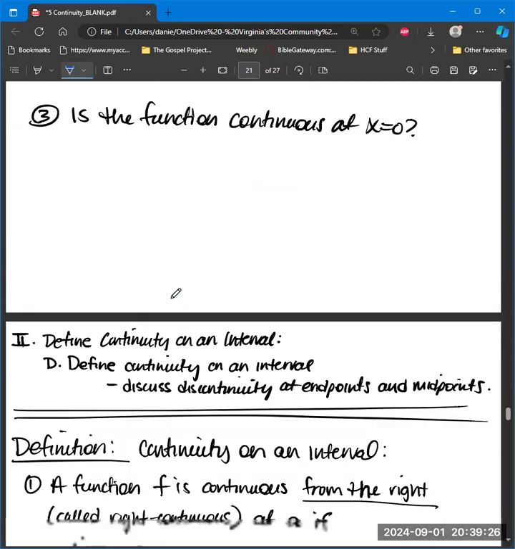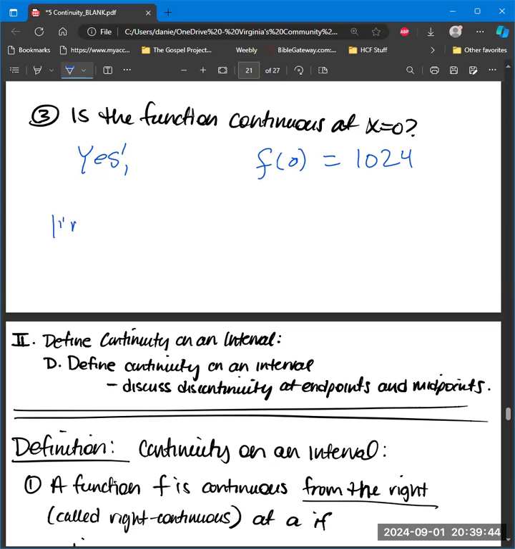Is the function continuous at x equals 0? Yes, it is, because f of 0 is equal to 1024 if we plug 0 into the original.